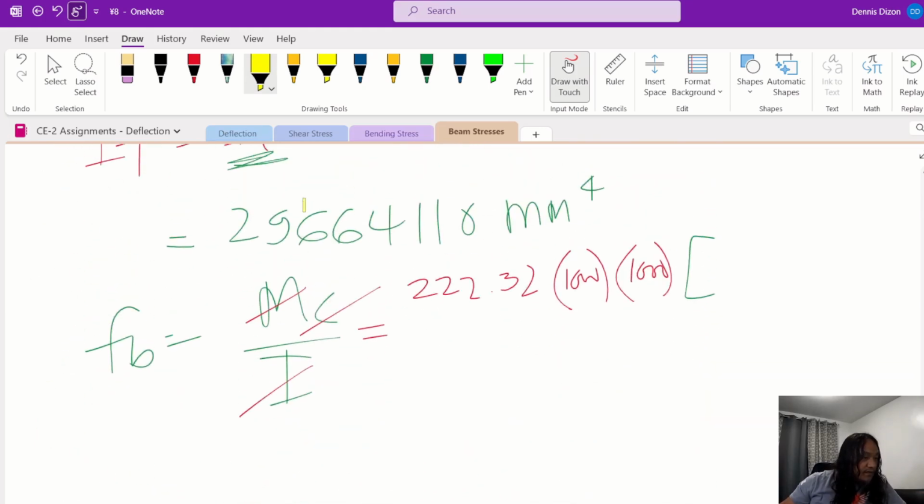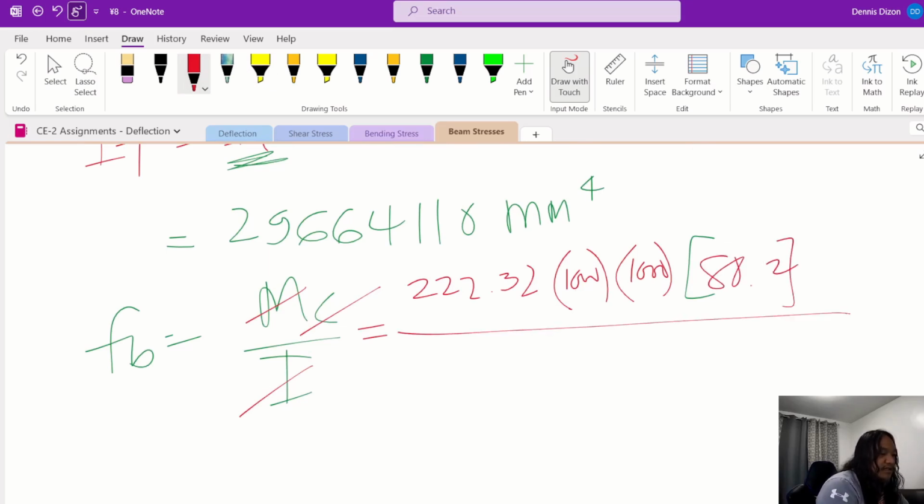So times 80.2. This is our C, and then divided by the total moment of inertia, which is 29,664,110.